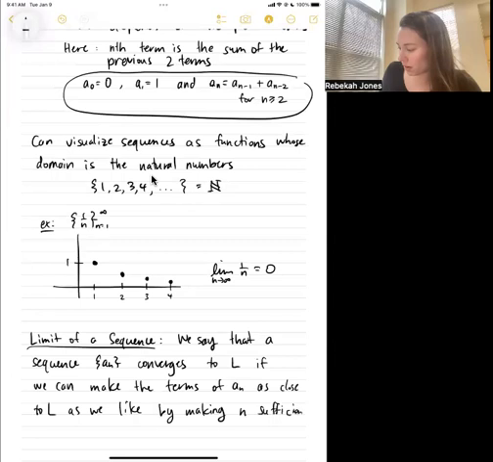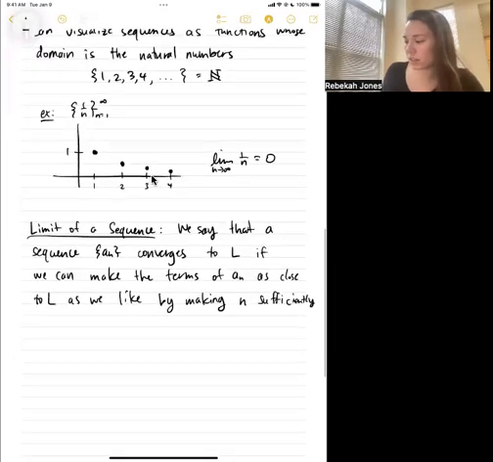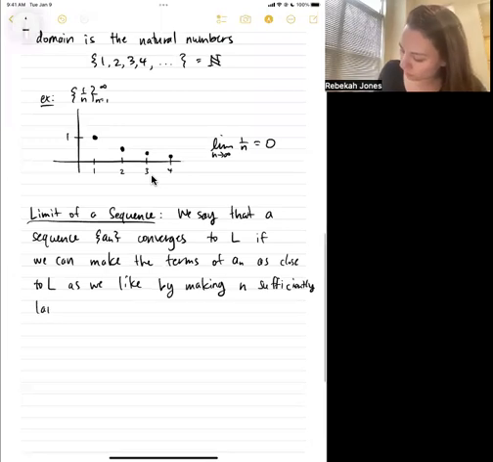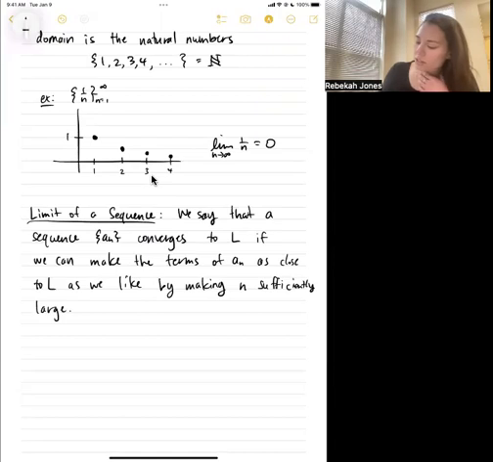So by going far enough along in the sequence to get close to L, right? And so our notation for this is going to be the same limit notation. We just express that as the limit as n goes to infinity of a sub n equals L.